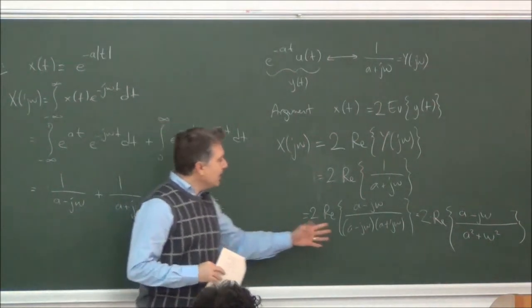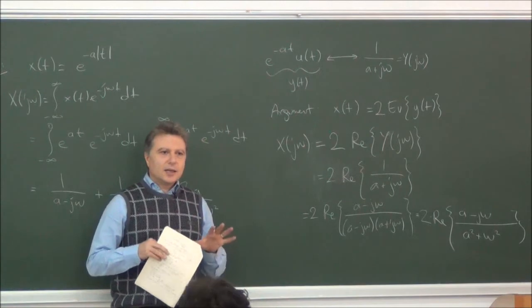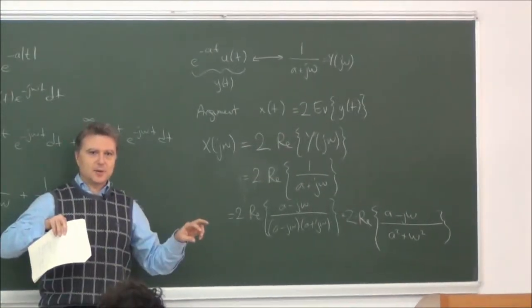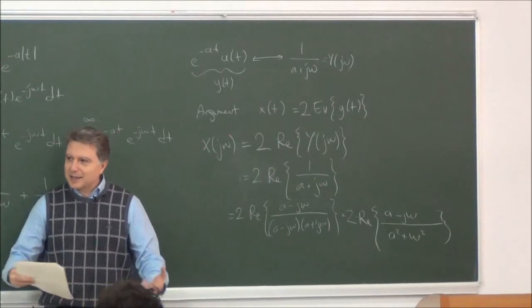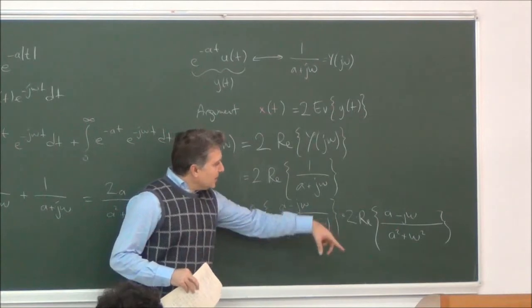That's how we make the denominator real, because I want to get a complex value in the numerator. That's how I can separate the real part and the imaginary part. From the denominator, I cannot separate the real and the imaginary parts. So this is it.